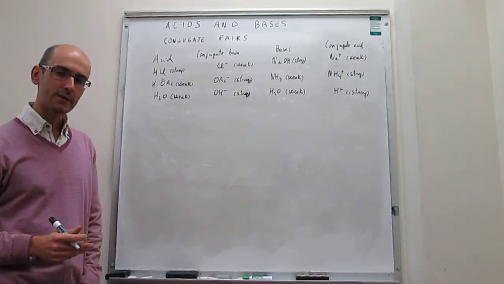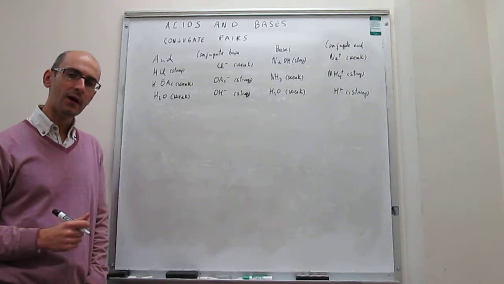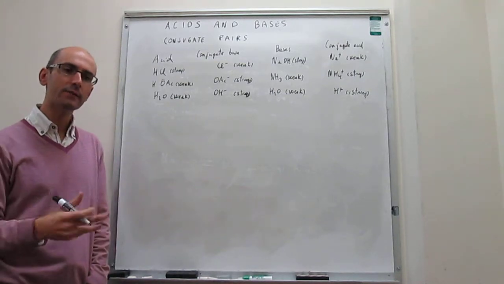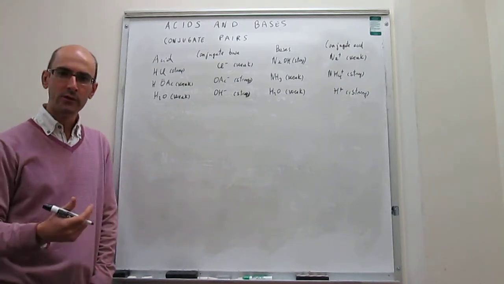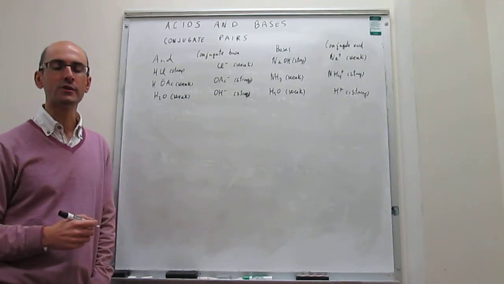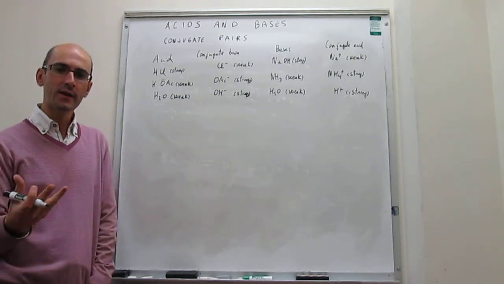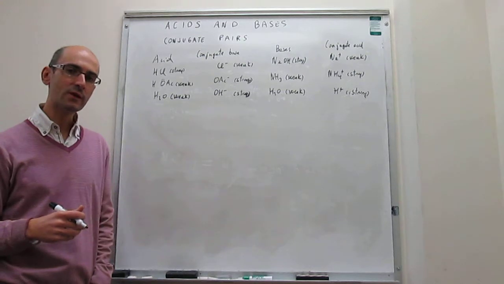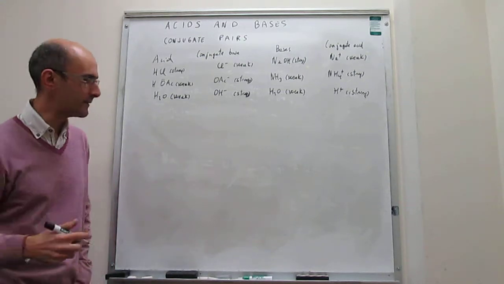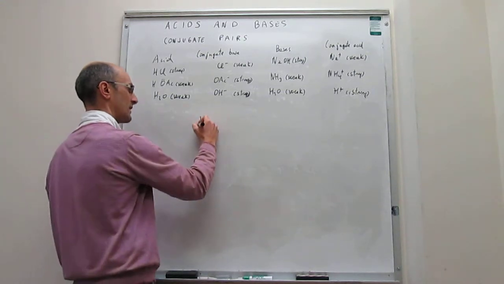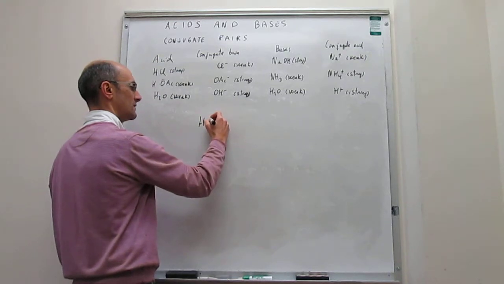Okay, all right, so to wrap up this video, we're going to redefine a regular weak acid dissociation reaction, and then rephrase it in terms of the strengths of the conjugate pair at play. So let's look again at the acetic acid dissociation.